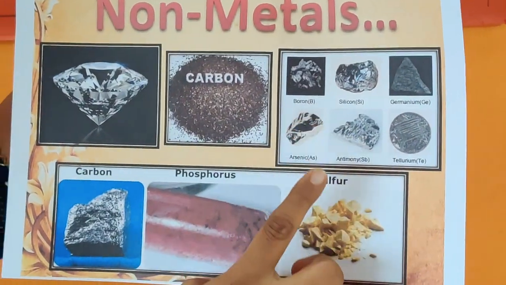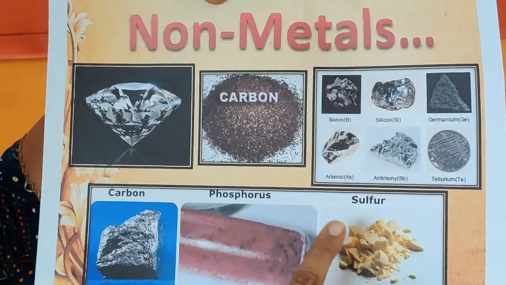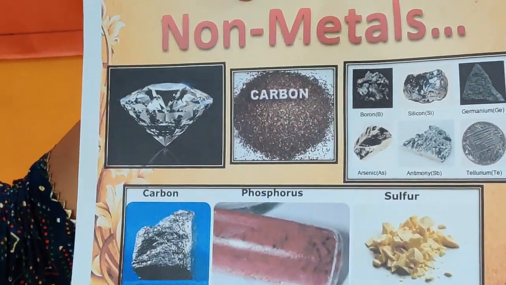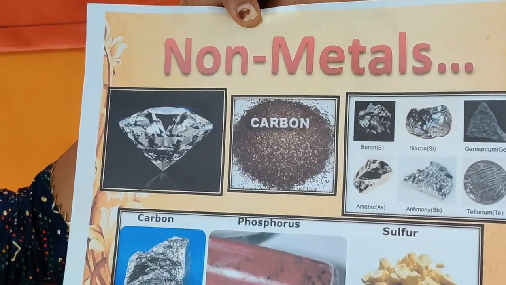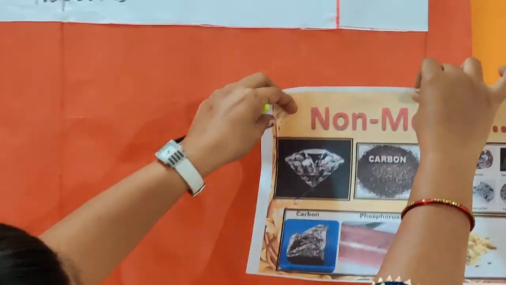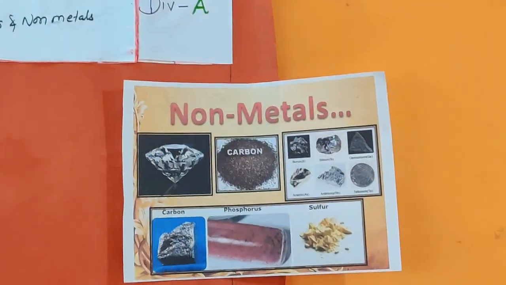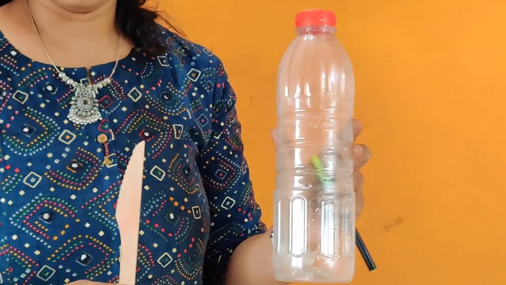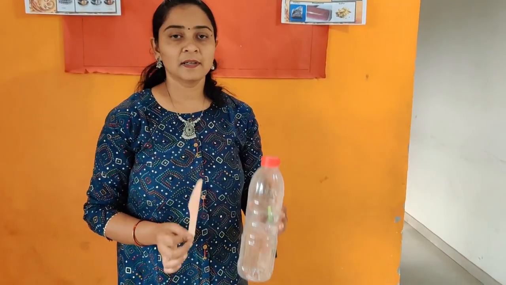Some non-metals are carbon, boron, phosphorus, sulfur, silicon, germanium, tellurium. Okay? These are some non-metals. And some examples: plastic bottle, wooden spoon.